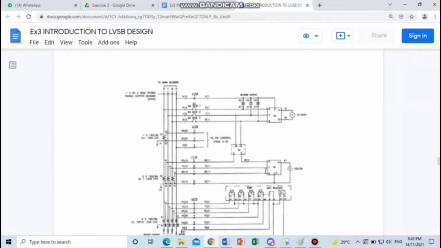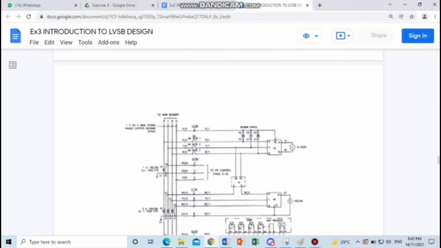So we can manually select the RYB value here, and this one stands for the voltmeter selector switch, VS. And this is the bus bar indicator light.